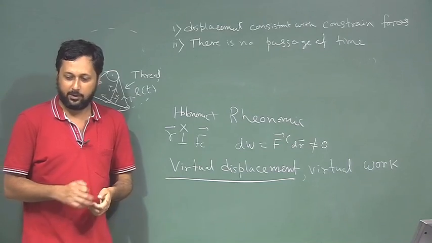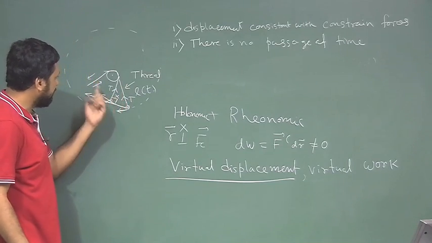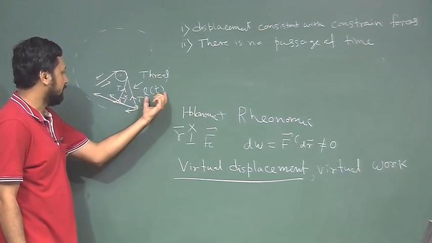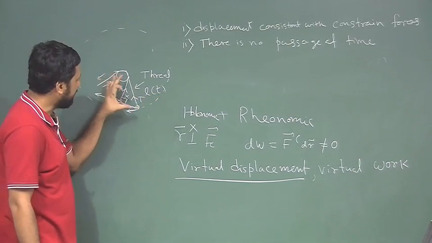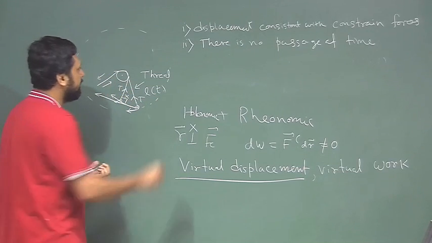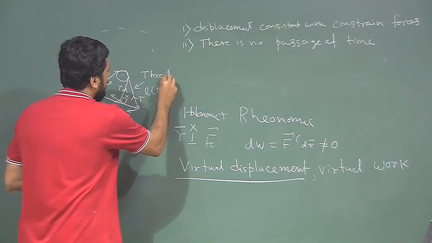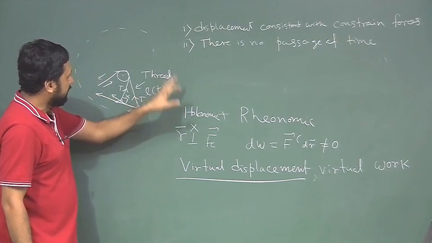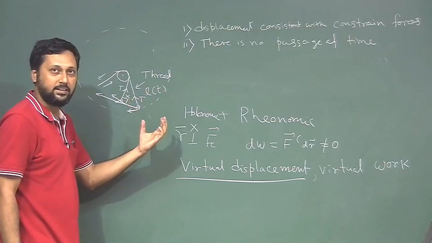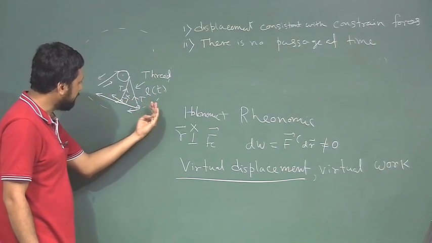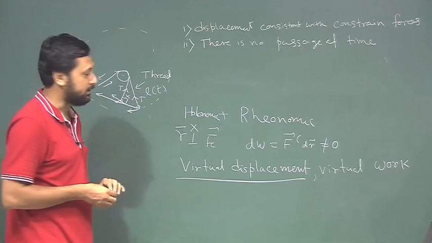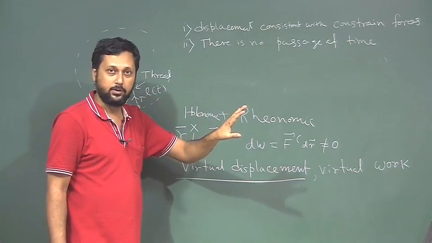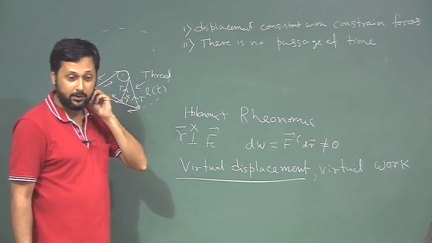Even if the pendulum is moving in this particular path, this is because the length of the thread is changing, which means the constraint conditions are changing. So, depending on the constraint condition, it will choose its path. There is no problem with it. The second part is there is no passage of time, and that is why it is called virtual. So, it is not a real displacement to begin with.